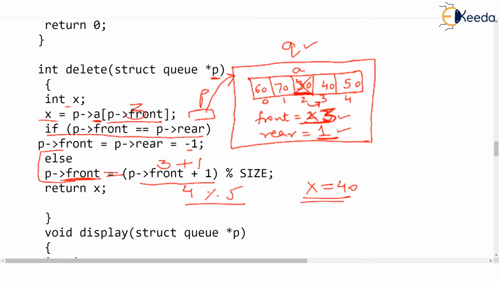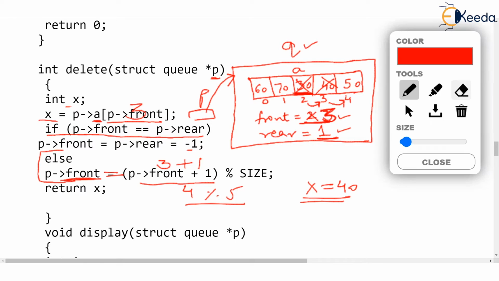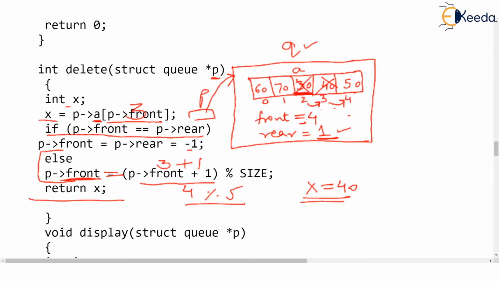And it has to be, because if we delete 40, just check, 50 should become frontmost. That means now the new value of front is the fourth location. So now, after deleting 40, that is third location, we have got front equal to 4. That is, 50 is the frontmost. And of course, the last line is return X. So 40 is returned back to main.